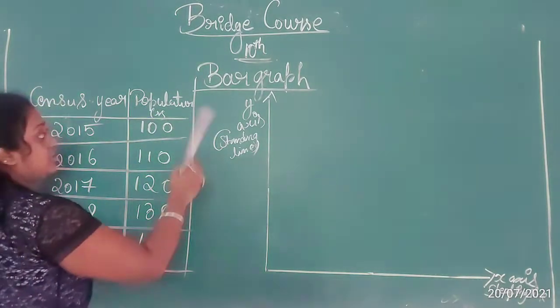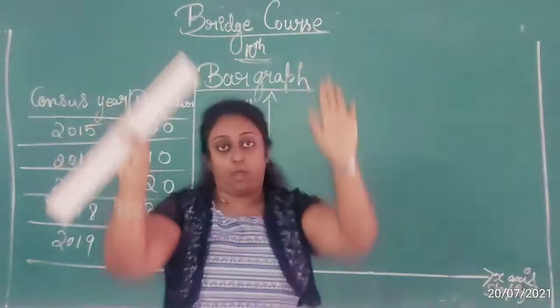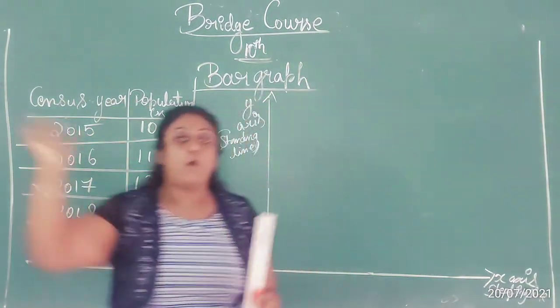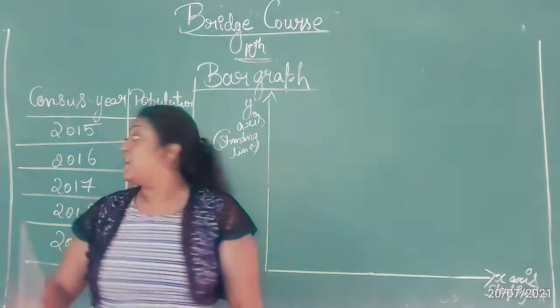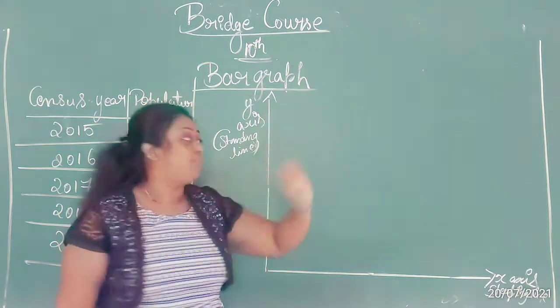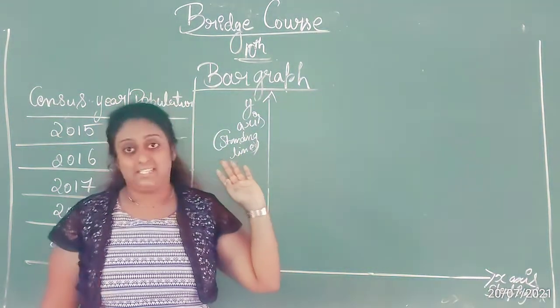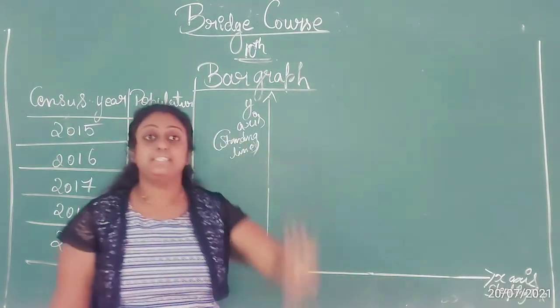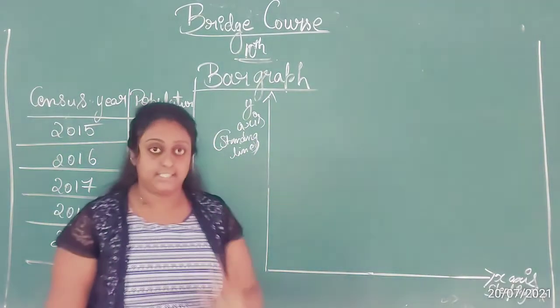Like these two columns you have in your book, see this column: your right-hand side column will always belong to your x-axis. Your left-hand side column will always belong to your y-axis. You are getting it? Right-hand side x-axis, left-hand side y-axis.